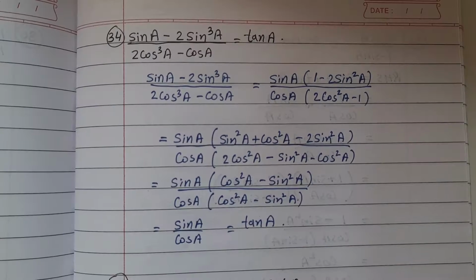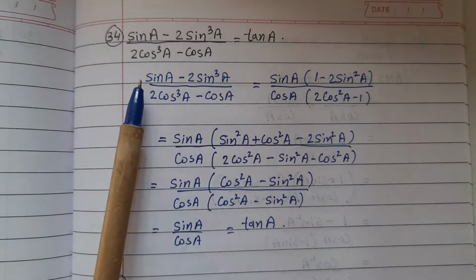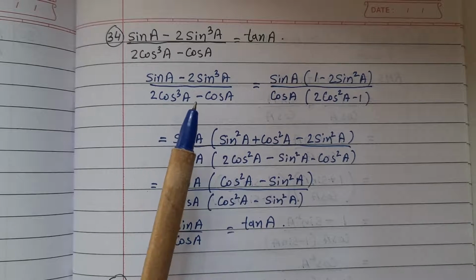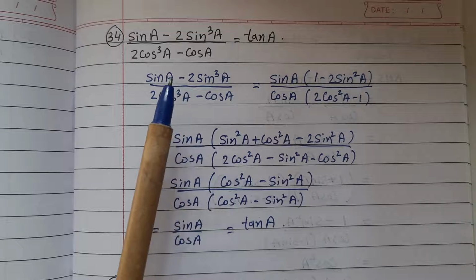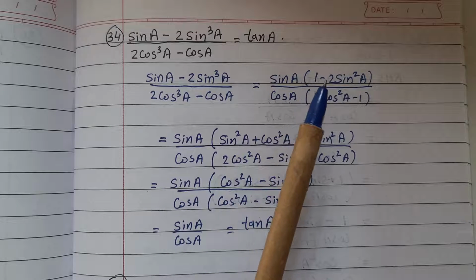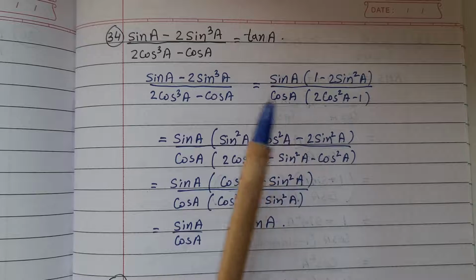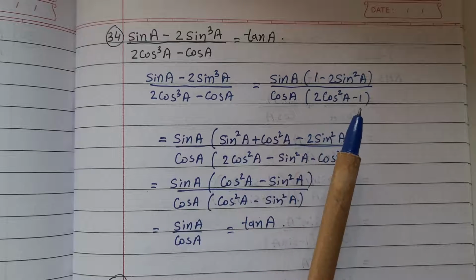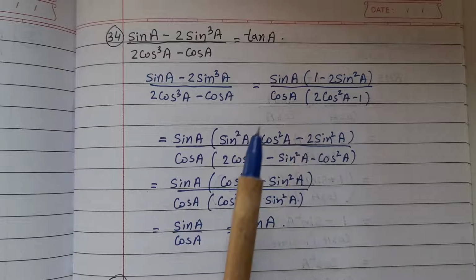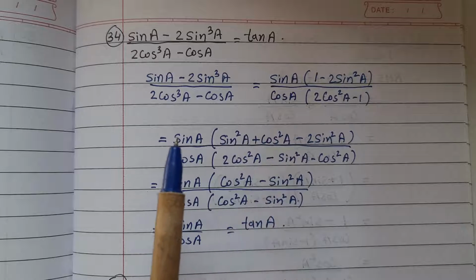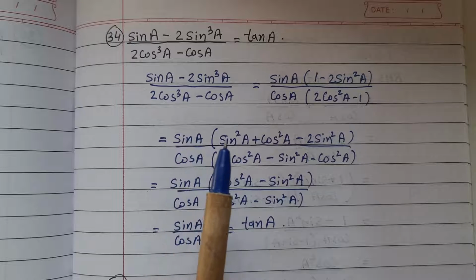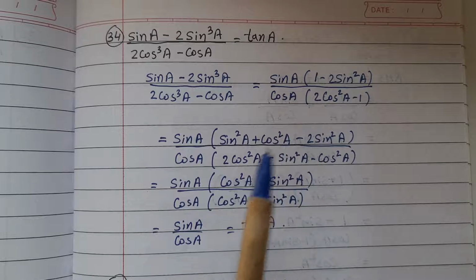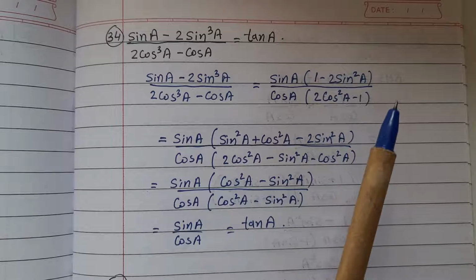Sum number 34. Left hand side is equal to sin A minus 2 sin cube A upon 2 cos cube A minus cos A. In the numerator, sin A is common, remains into 1 minus 2 sin square A upon, in the denominator, cos A is common, into 2 cos square A minus 1. 1 means sin square A plus cos square A. So we will substitute that, equal to sin A into sin square A plus cos square A minus 2 sin square A upon cos A into 2 cos square A minus, sin square A plus cos square A in the bracket.